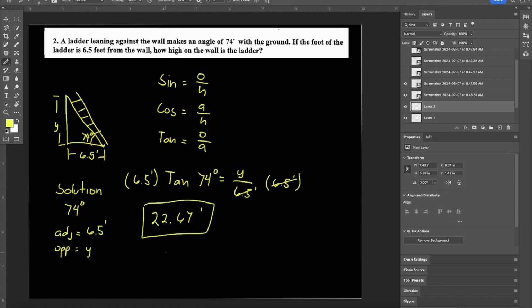So the ladder is 22.67 feet on the wall. Or we could also include high on the wall. So that's example number 2.